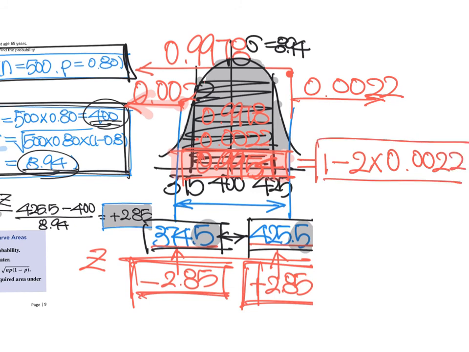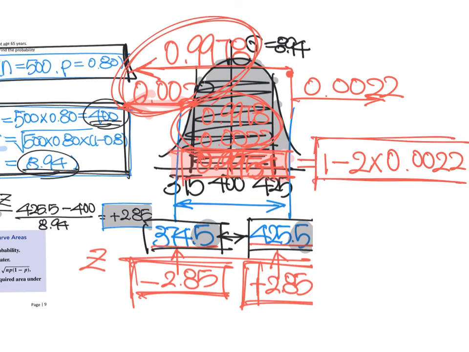So either way, traditionally we just take the two probabilities to the left and take the difference, or because the normal distribution is symmetrical, either way, we can take the probability in the middle as 0.9954.